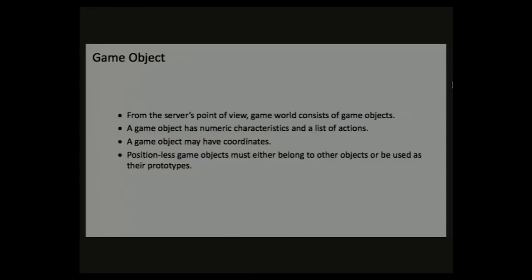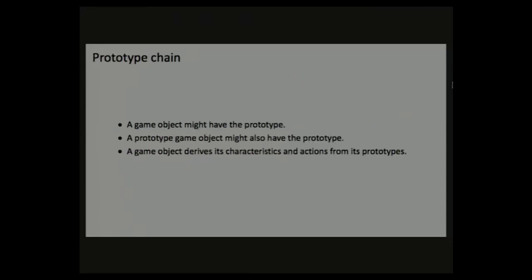And the prototypes are there to save your work of setting up the objects in the same way each time. So basically, an object inherits its properties and actions from its prototype, and a prototype can have a prototype as well. So that's like inheritance in programming.